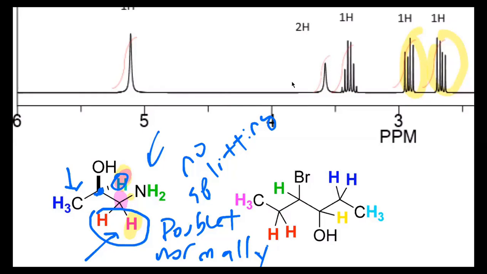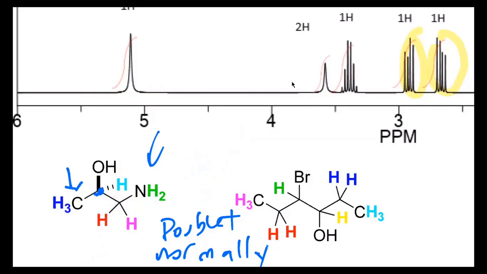But the NH2 here is adjacent to this carbon, so you have the NH2 that's adjacent, and then you have this carbon that's adjacent. And so that's why I'm saying under normal circumstances, that set of protons would be a doublet, because the NH2, or any heteroatom, counts as 0. So you don't count those.